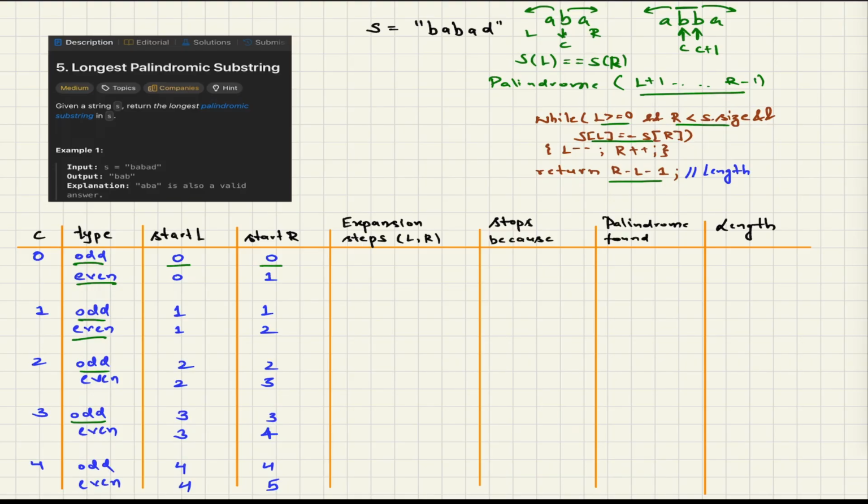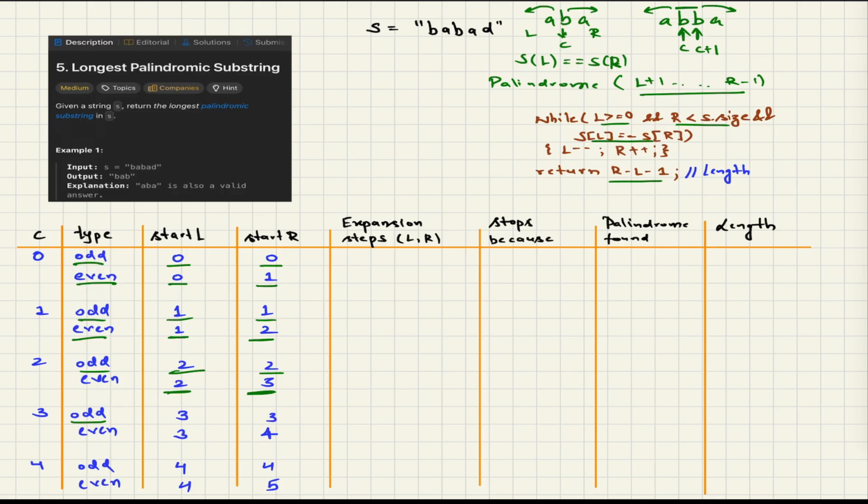That's why you can see my start L and start R are like 0 0, 1 1, 2 2, because it's only one center. Whereas for an even length palindrome the expansion starts from C and C plus 1, C and C plus 1, C and C plus 1.